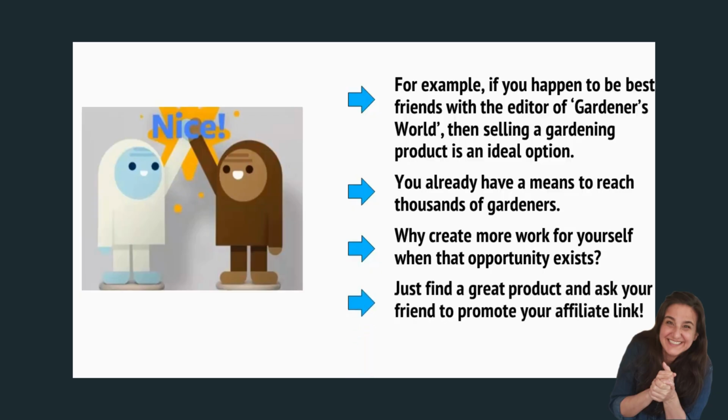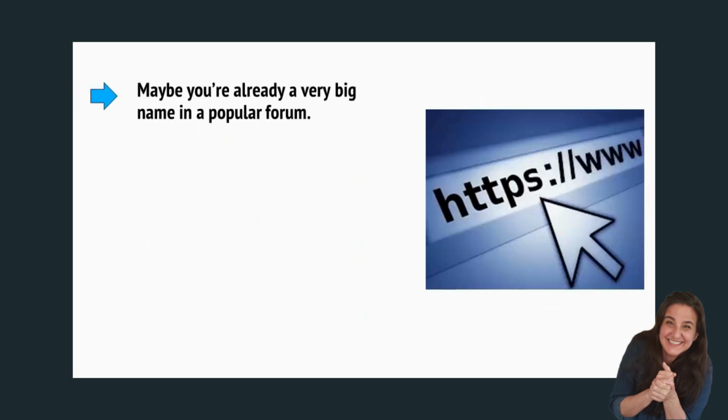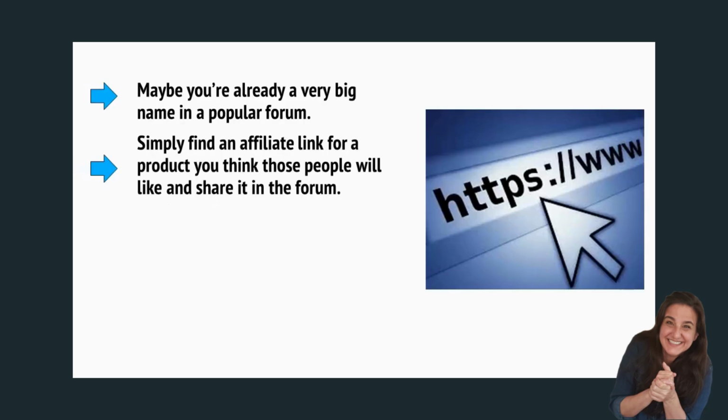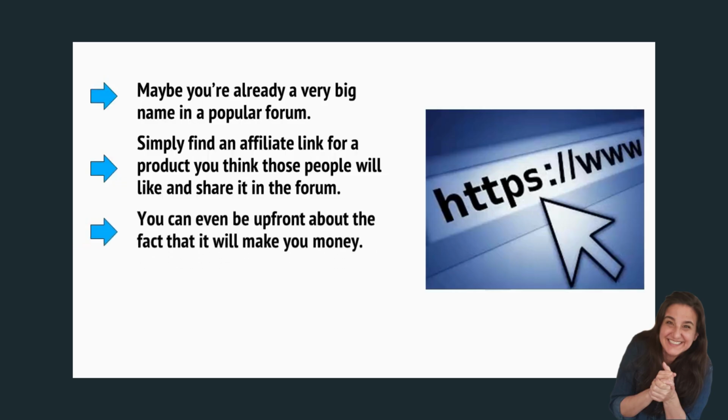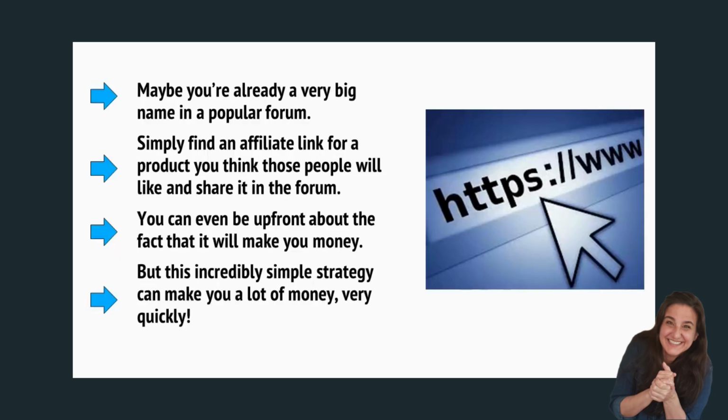Just find a great product and ask your friend to promote your affiliate link. Or maybe you're already a very big name in a popular forum. Then simply find an affiliate link for a product you think those people will like and share it on the forum. You can even be upfront about the fact that you'll make money. In fact, I would advise it. But this incredibly simple strategy can make you a lot of money very quickly.